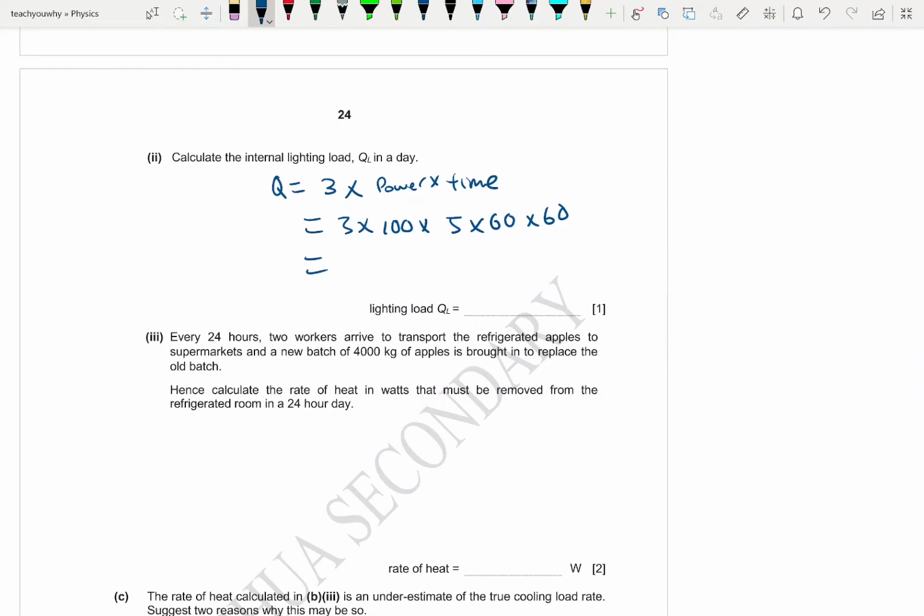This is in joules, so let's divide by 1000. So this is 5,400 kilojoules.